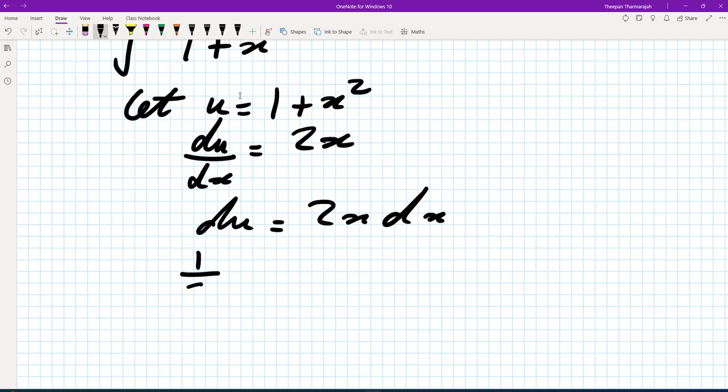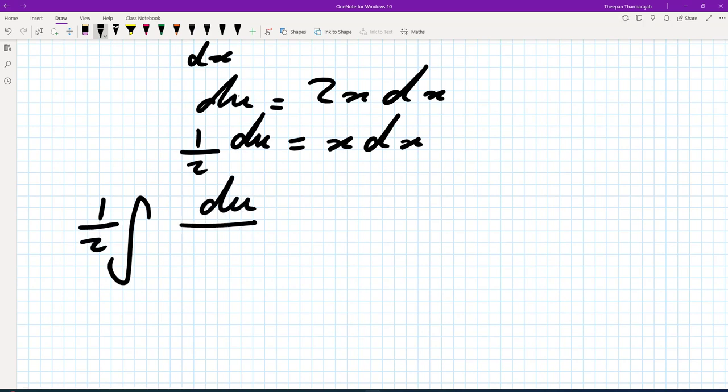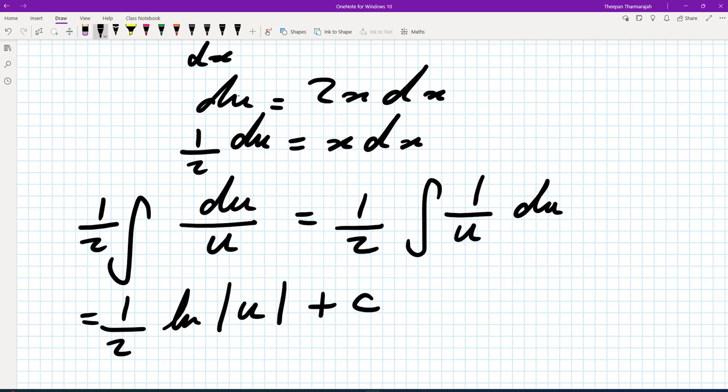So a half du is equal to x dx. So that means my integral now becomes the integral of, take the half on the outside as a constant, du. Now 1 plus x squared is u, so we could write that as a half integral 1 over u du, which is a half ln mod u plus an arbitrary constant c.